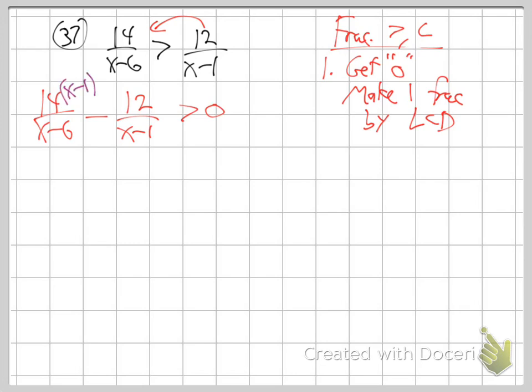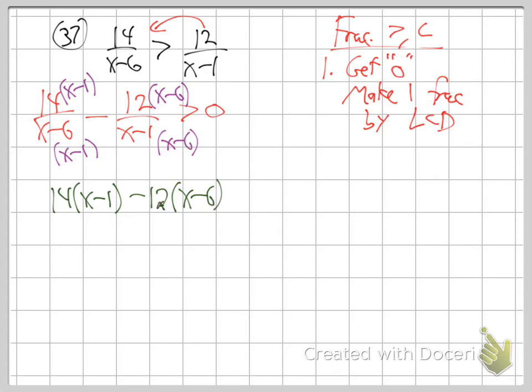So I'll multiply top and bottom of this one by x minus 1, top and bottom of this one by x minus 6. You multiply by the other denominator, top and bottom, to get common denominator. Okay, so what do I get? 14 times x minus 1 minus 12 times x minus 6 over x minus 6 times x minus 1 greater than 0.